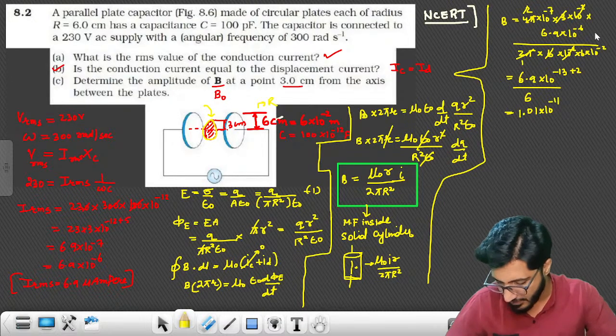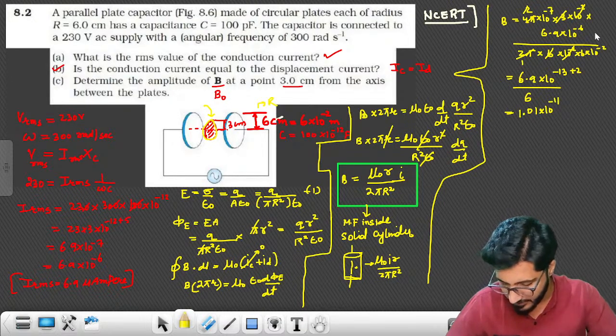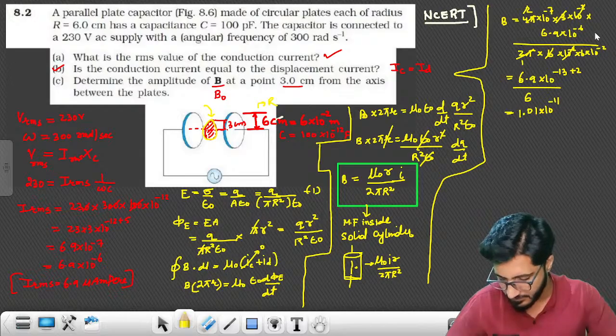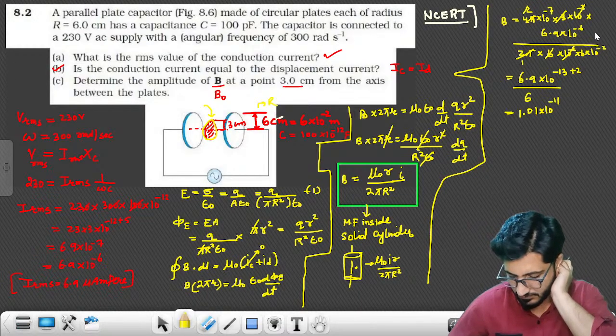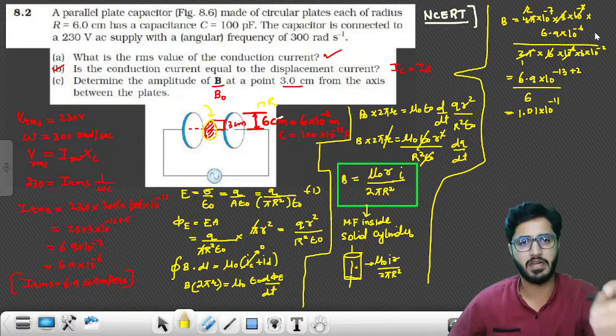I am able to write each and everything on the screen. Easy, no? A very good numerical, you can do it.